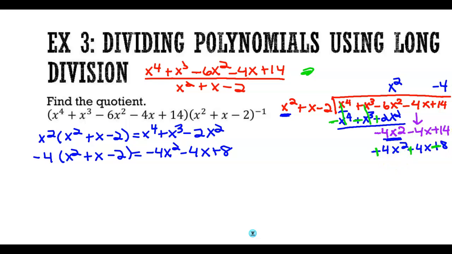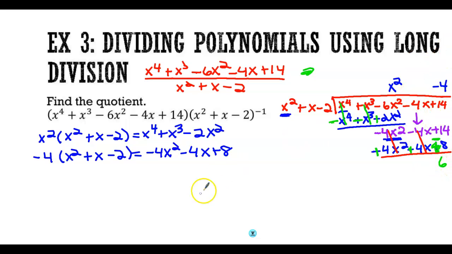Let's see what happens. Cancel. Those happen to cancel too. And this is a little bit hard for me to recognize, so I'm going to just scratch that out and write a minus 8. All right, so 14 minus 8 is 6. I know that if I try to divide x squared into 6, I can't do that. So this would be a remainder type problem.